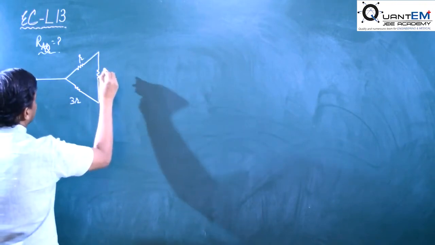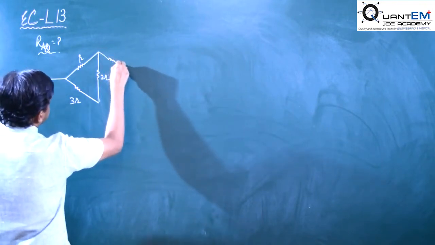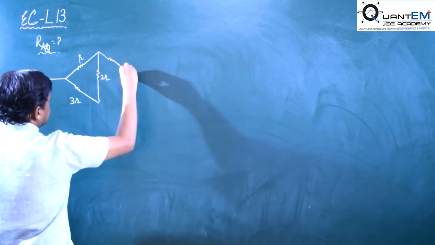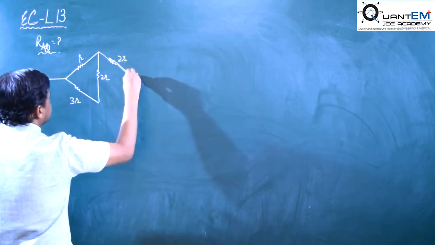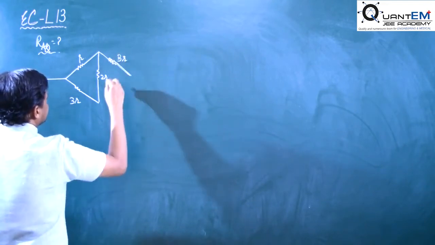This resistance is, suppose, 2R. This resistance we have 3R. Okay, it is 3R.